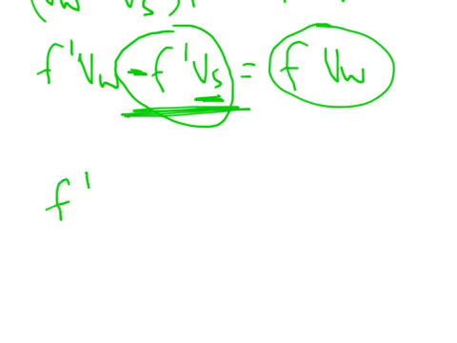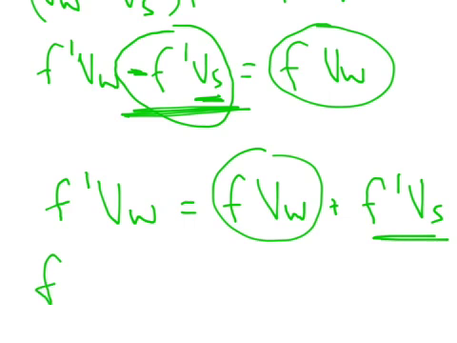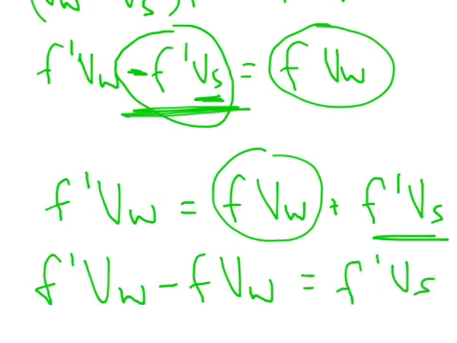We've got F dash Vw equals F Vw plus F dash Vs. Remember, that's the one we wanted. We just added that to both sides. That cancelled out on the left and gave it to us on the right. Now we want to take this term away. So we go F dash Vw minus F Vw equals F dash Vs.